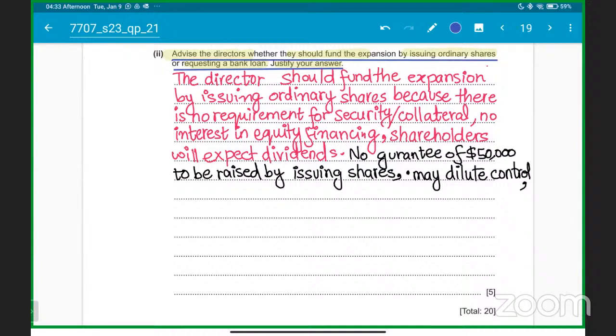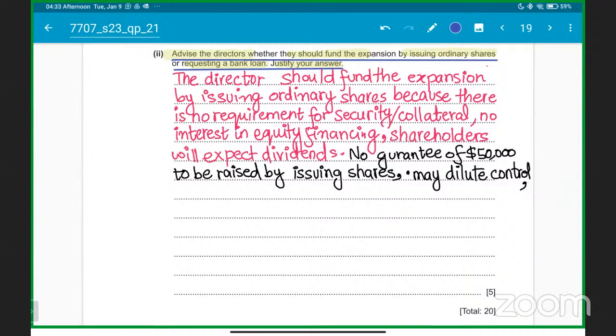The outside party, the people providing the debt financing, will have no risk. They will receive the amount regardless of whatever happens, whether the company goes bankrupt or not.